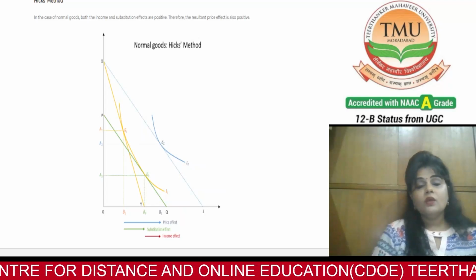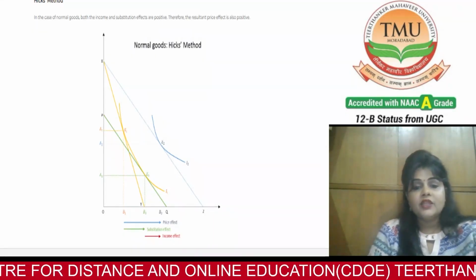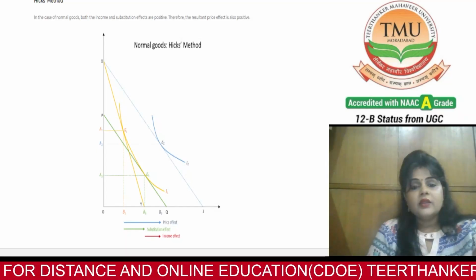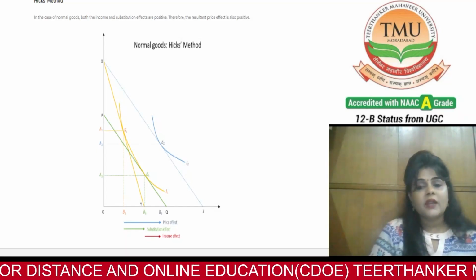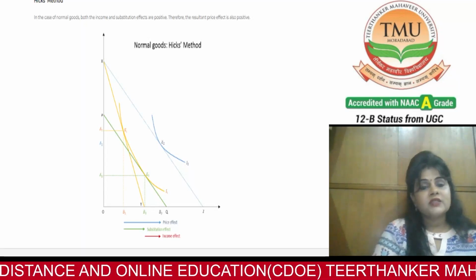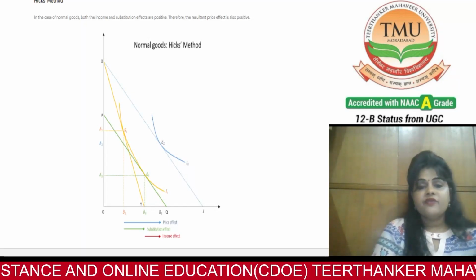So in that diagram, the initial consumer equilibrium is at point E1, where the initial budget line is tangent to the higher indifference curve.